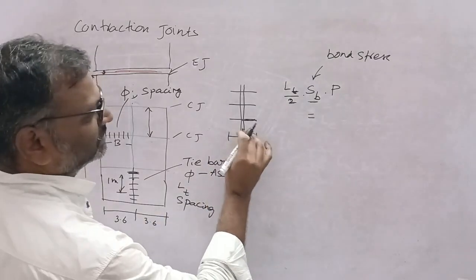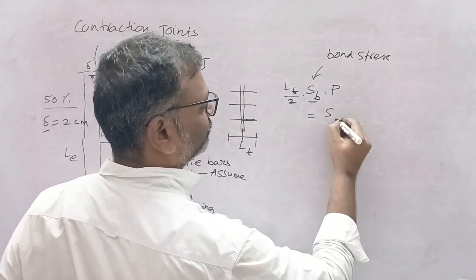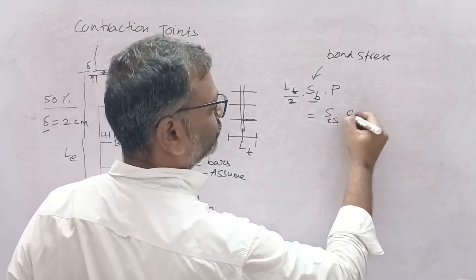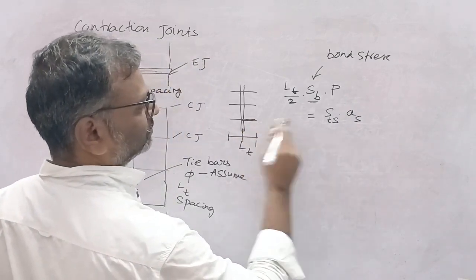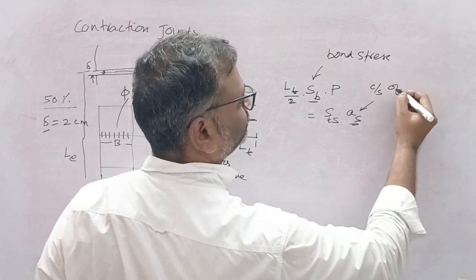And for a single rod we are calculating, so allowable stress of steel in tension into cross section area of a single bar, whatever the cross section area of a single tie bar.